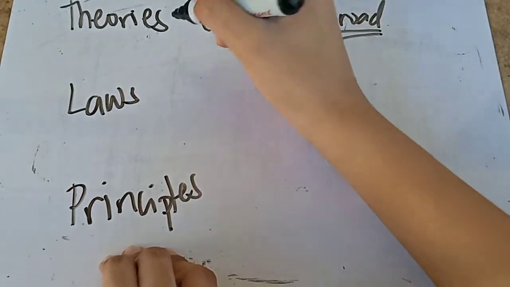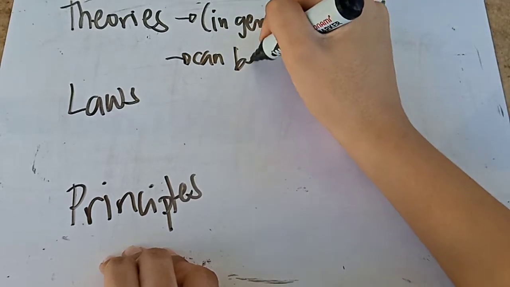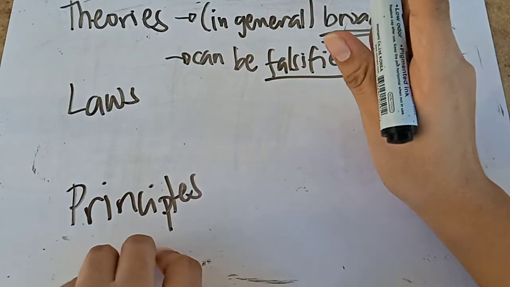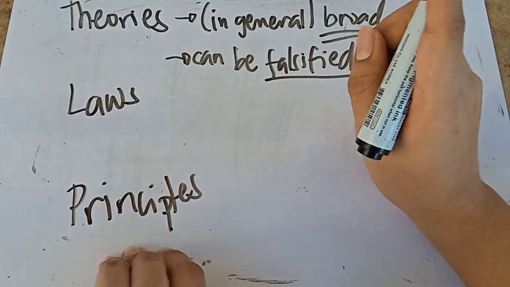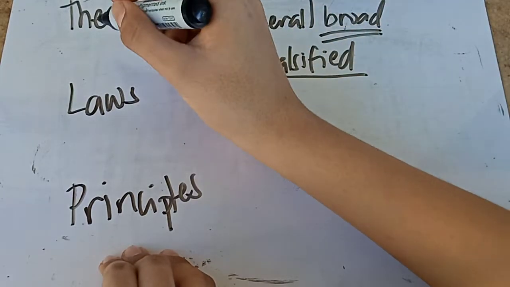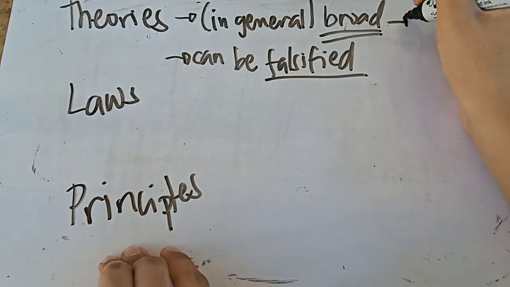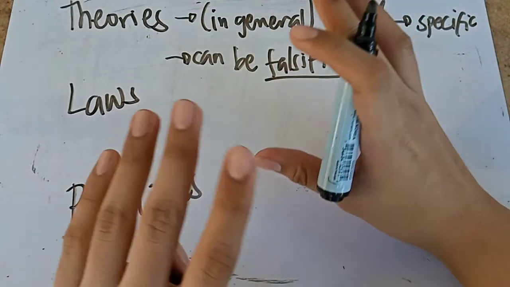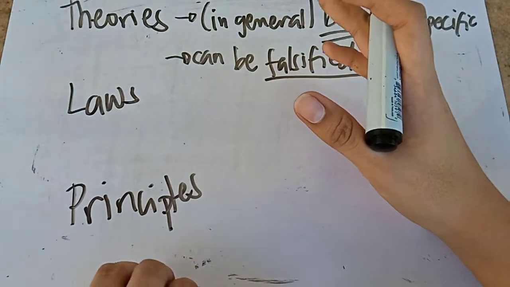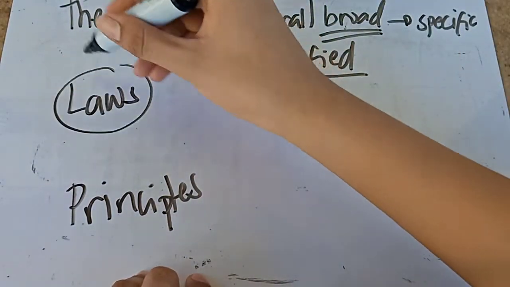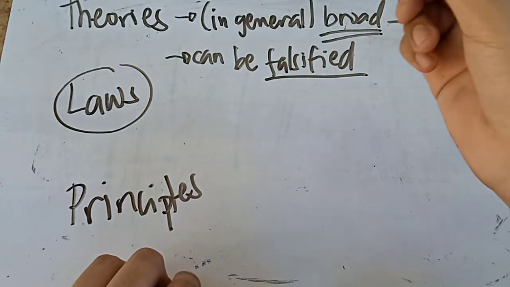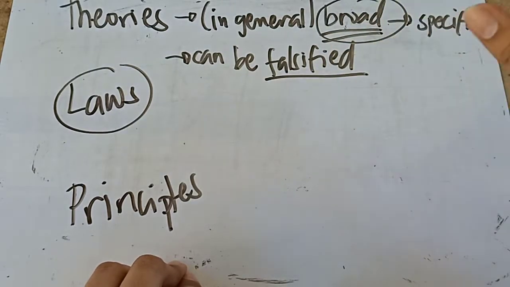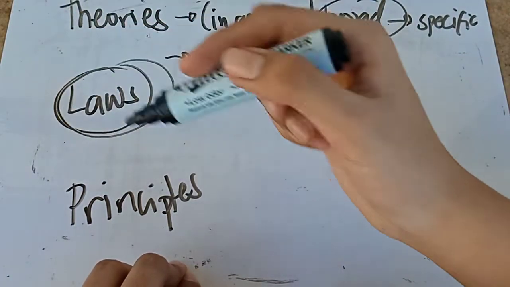Also, theories can be falsified. Whenever we say falsified, it can be rejected. Now, if these broad theories become specific ideas, this is where laws are generated. So when the broad theory is chunked into components, laws are created.